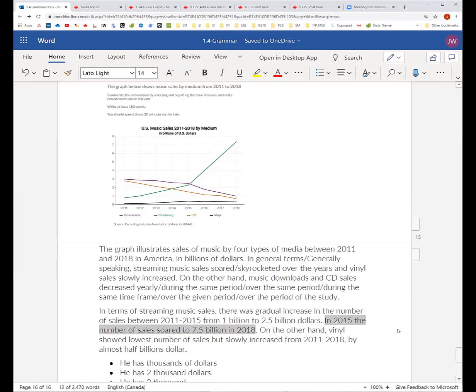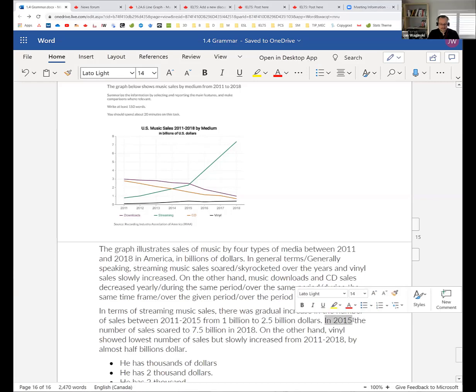In 2015, the number of sales soared to 7.5. Oh, sorry. We have to put a comma after in 2015. The problem is you're saying in 2015.